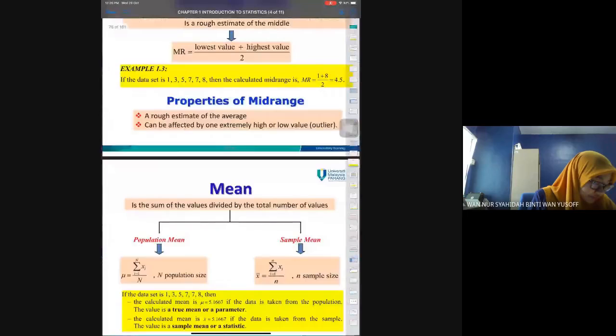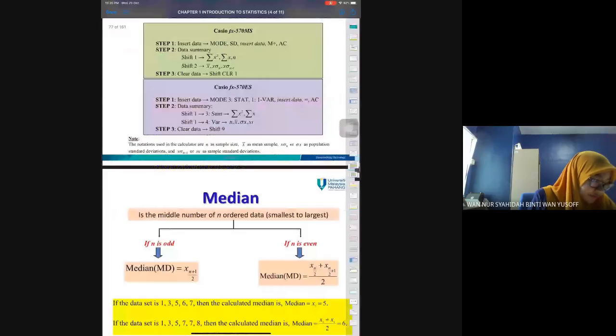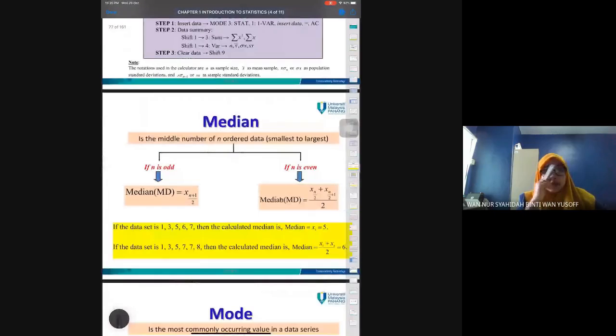Okay, here it shows. So the median is about looking for the middle of the data. The median is about the location of your data, the middle number of the n ordered data.